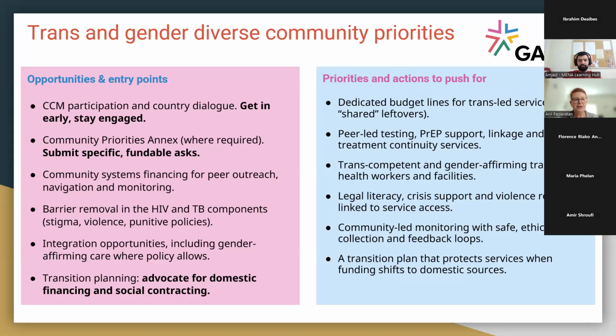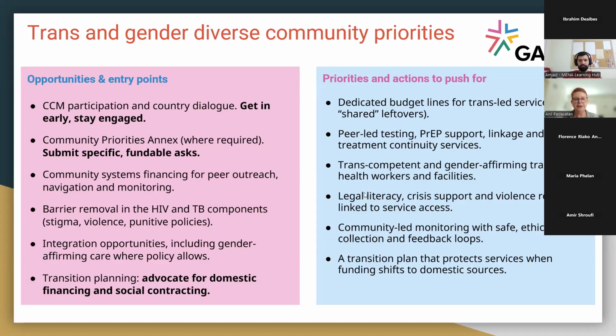So for the trans and gender diverse community, priorities include dedicated budget lines for trans-led services, an increasing focus on peer-led interventions as highly effective in reaching the trans and gender diverse community. We also need training to ensure trans-competent and gender-affirming health service provision, especially when we're looking at integration into primary healthcare facilities.